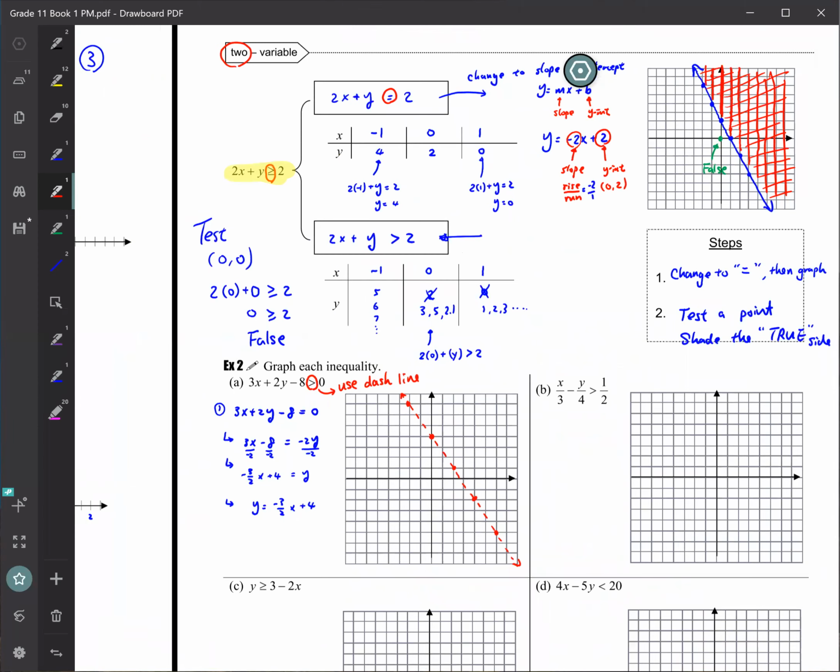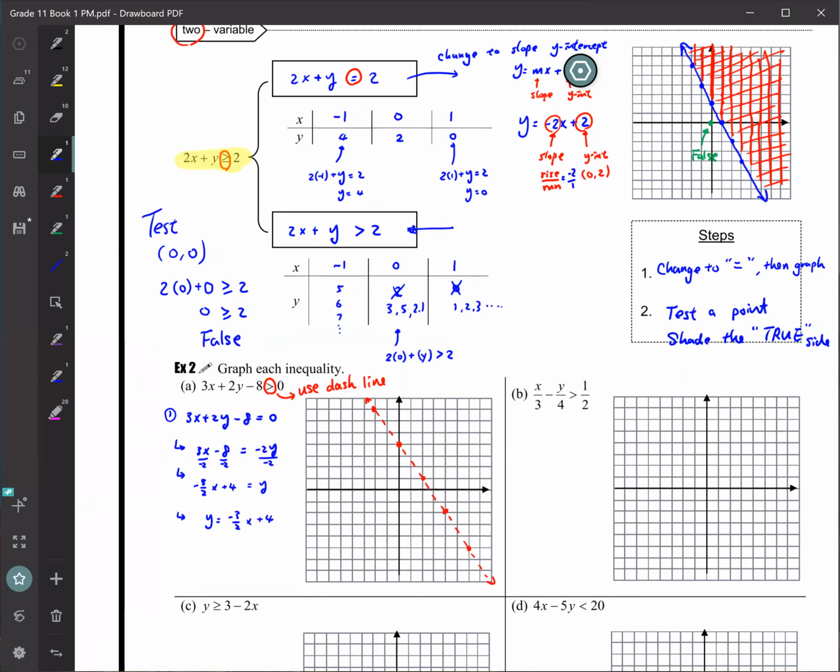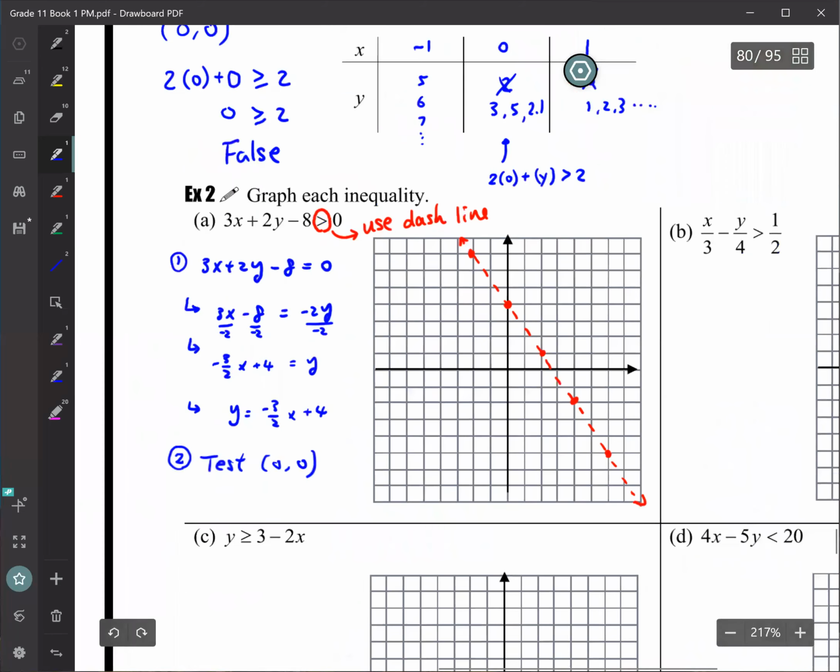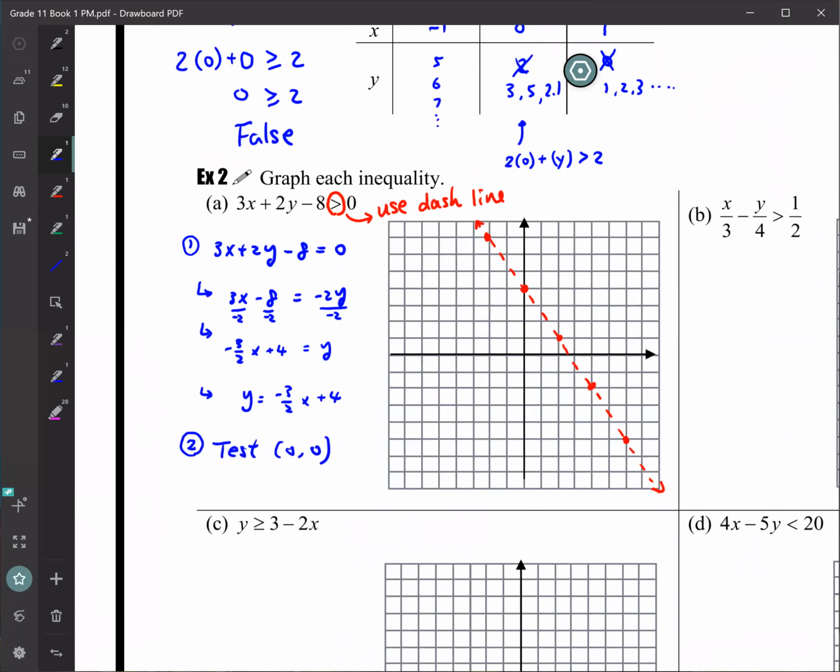What is step 2 now, Marcus? Shade the true side. Yeah, we need to pick a point. Can you tell me which point you want to test? Just 0, 0. Okay, let's do that. Test 0, 0. It's very clear that 0, 0 is not on the dash line.